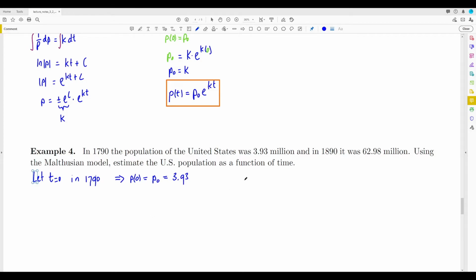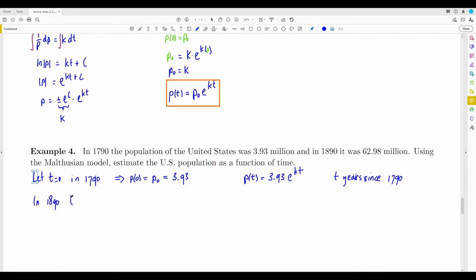And so at this point, I know that my model looks like this. P of t equals 3.93 e to the power kt, and t is years since 1790. So for 1890, that means that t is 100.